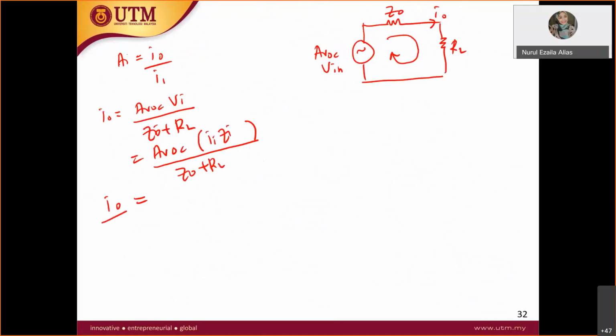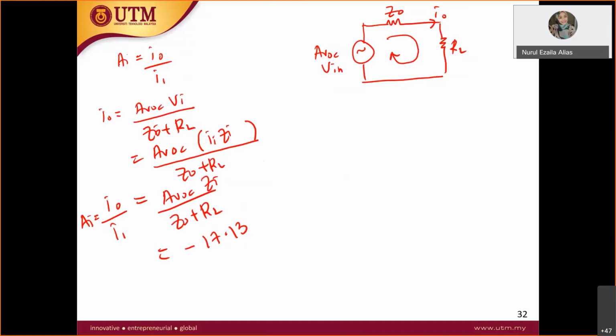Therefore I out over I in, which is the current gain AI, is equal to AVOC over Z out plus RL. If you plug in all the values, AVOC, Z out, and I am left with Z in here, thank you, you will get about negative 17.13. So that's how you get the AI.